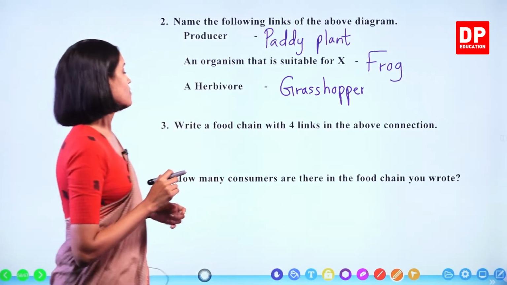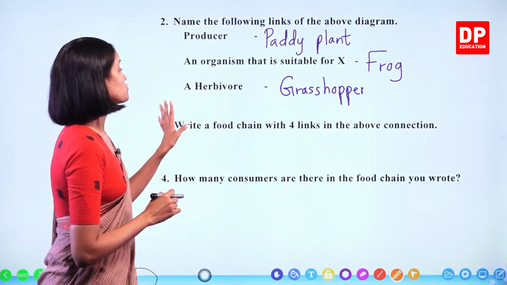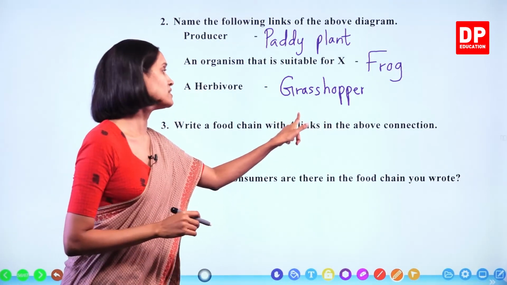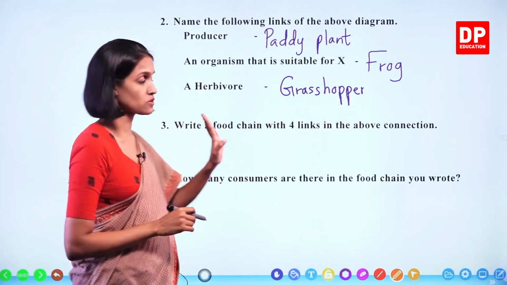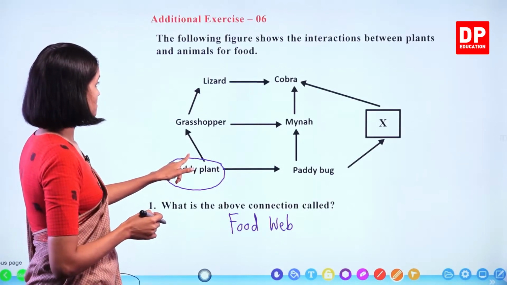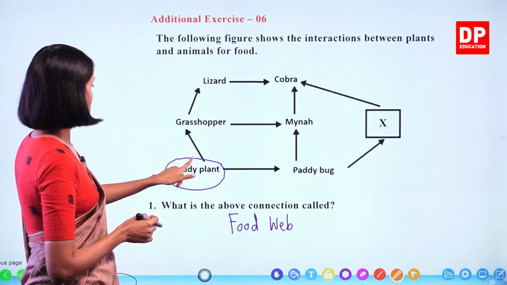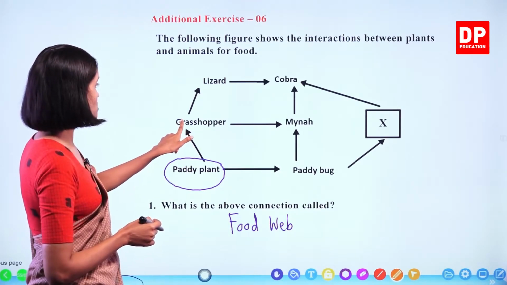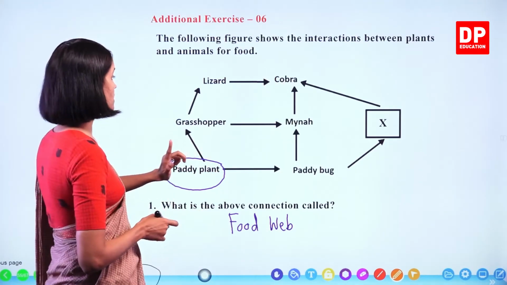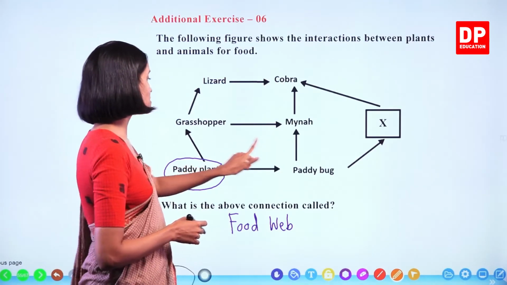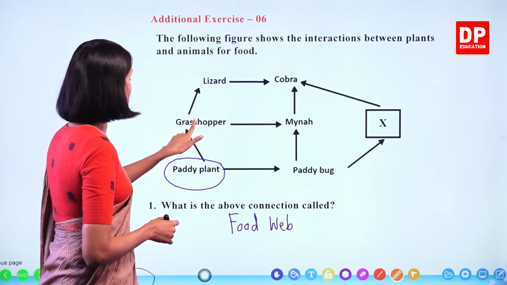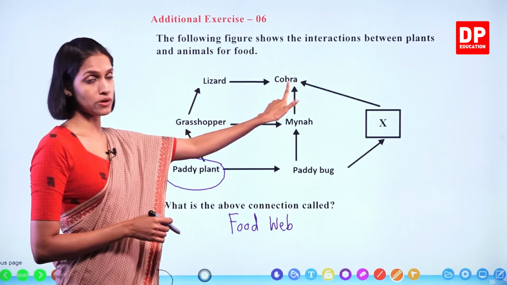Right. The next one. Write a food chain with 4 links in the above connection. 4 links means there should be 4 organisms. Okay. Let's see. Paddy plant, we can write paddy plant, grasshopper, myna, cobra. Right? Or we can write paddy plant, paddy bug, myna, cobra. Paddy plant, grasshopper, lizard, cobra.